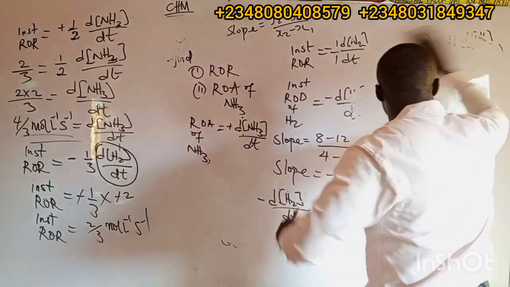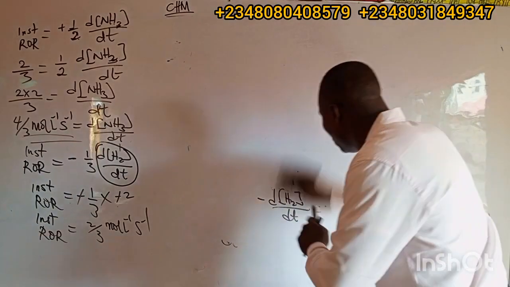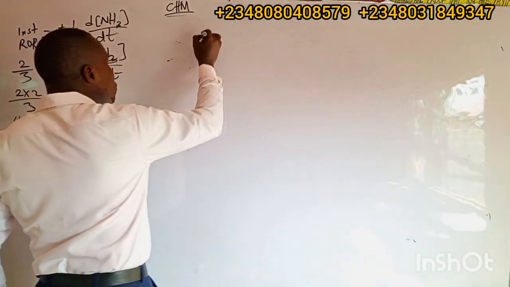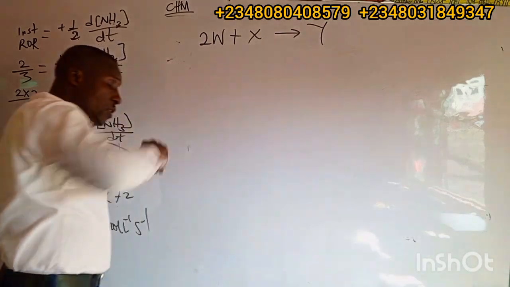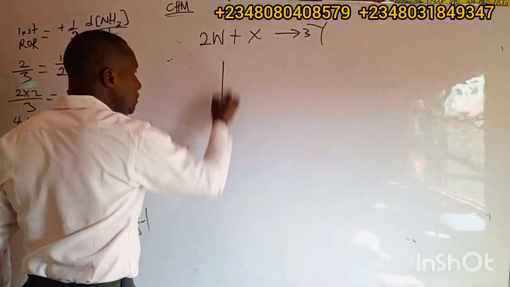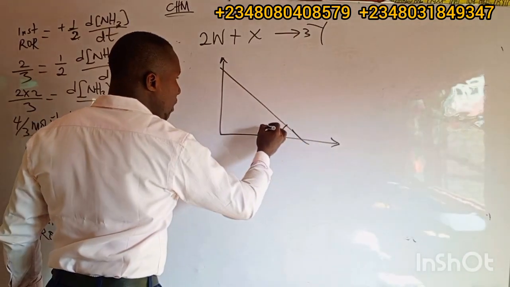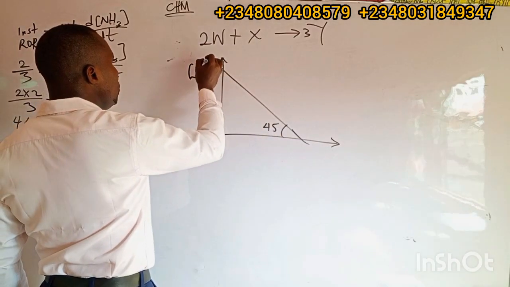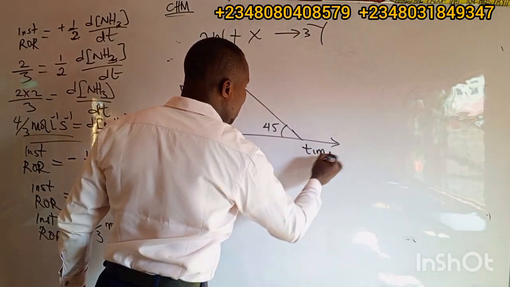Another question. When you have 2W plus X equal to Y, you have this table: concentration of W in mole per liter, and time in seconds.